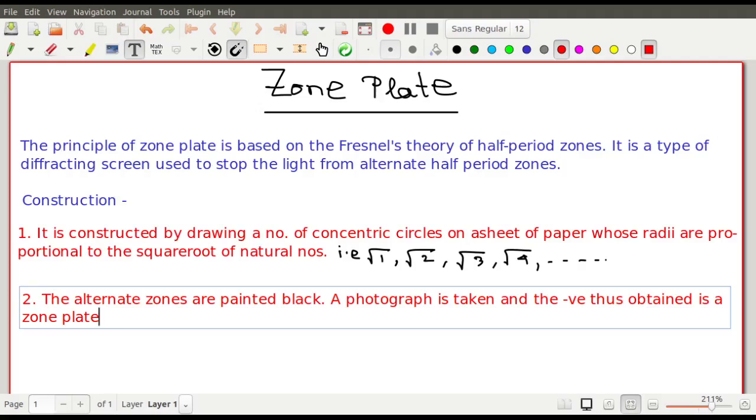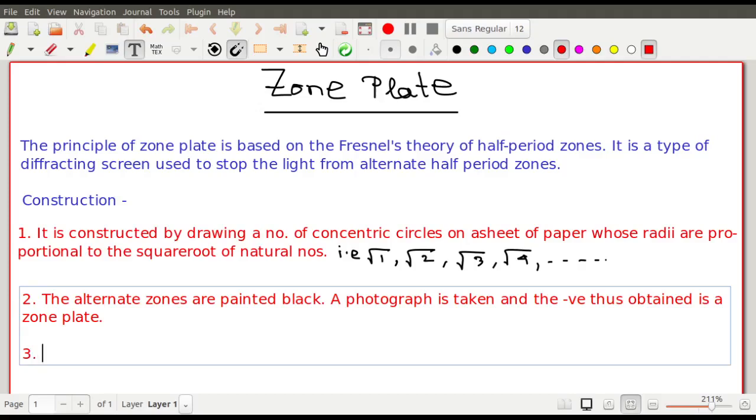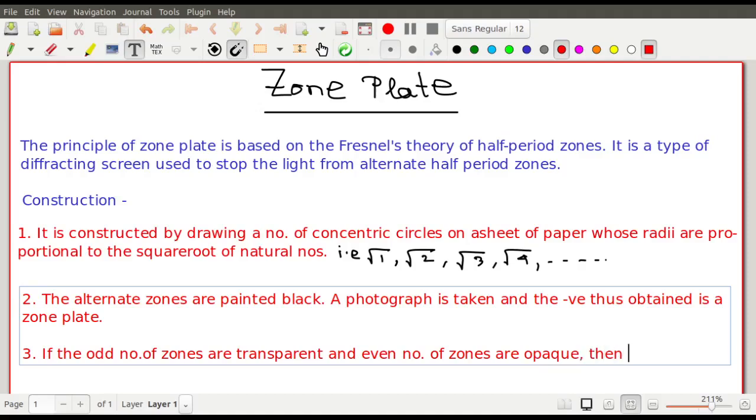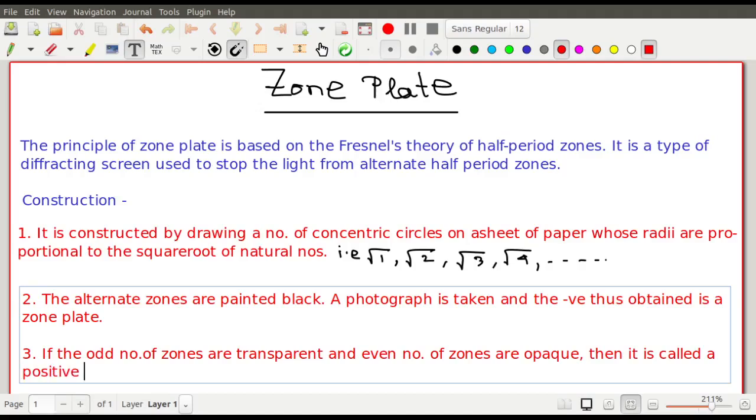A photograph is taken and the negative thus obtained is a zone plate, negative যেটা পেলে ওটাই হচ্ছে zone plate, just like the x-ray plate, okay, fine. And the next point: if the odd number of zones are transparent, মানে 1 3 5 you allow and 2 4 6 you block, which we will actually follow here, and even number of zones are opaque, opaque means through which light cannot pass, then it is called a positive zone plate, okay.